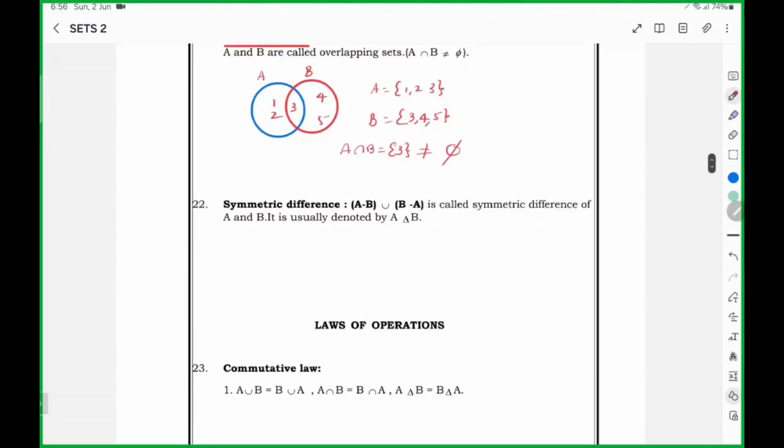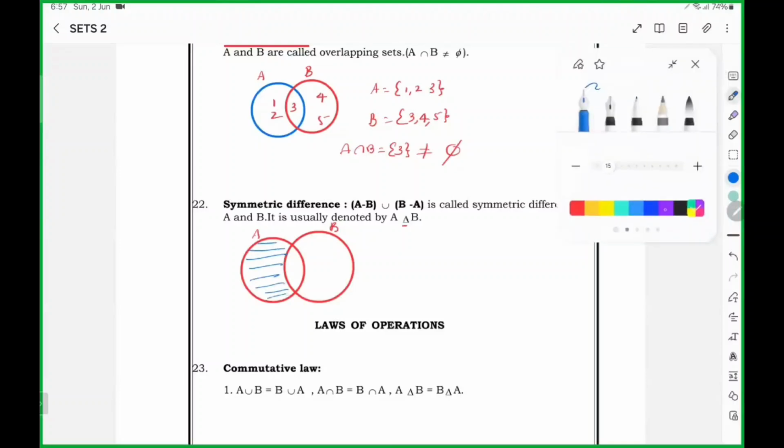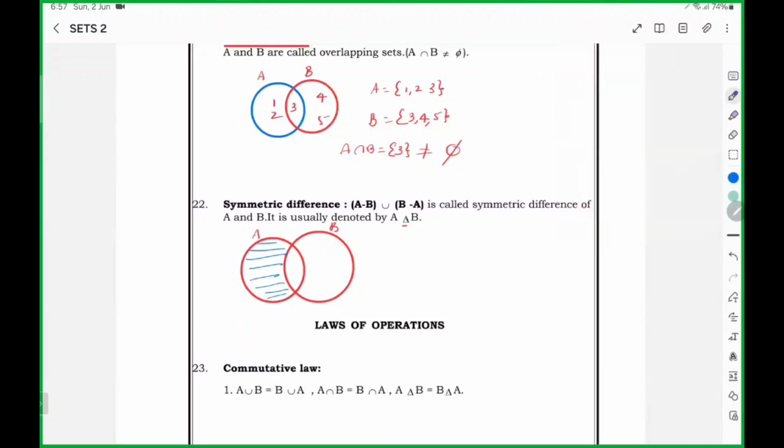Symmetric difference is denoted by A delta B. Geometrically, A is this, with the representation of a Venn diagram, and a Venn diagram is simply representing sets with circles. It is A, it is B. A minus B means it should be only in A, and B minus A means it should belong to only B. This is the shaded part.